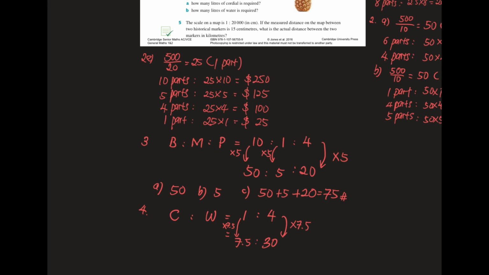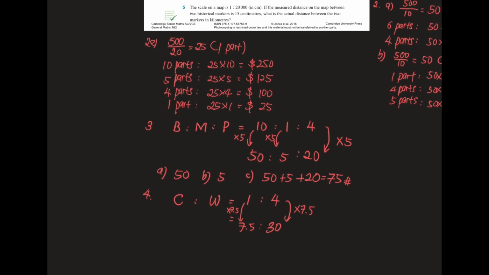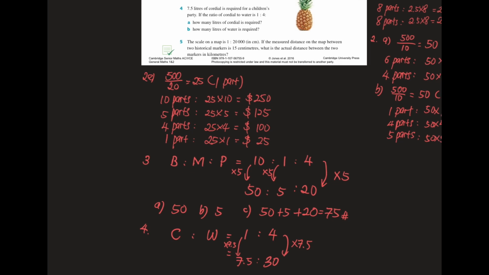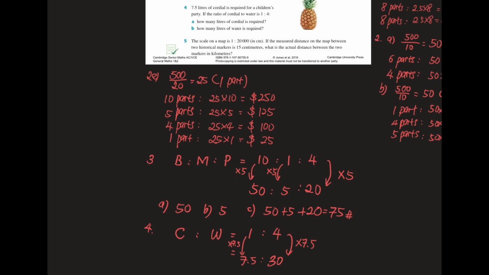So 4 times 7.5, we get 30. So then for A, how many liters of cordial is required and how many liters of water is required? Okay, so 7.5.